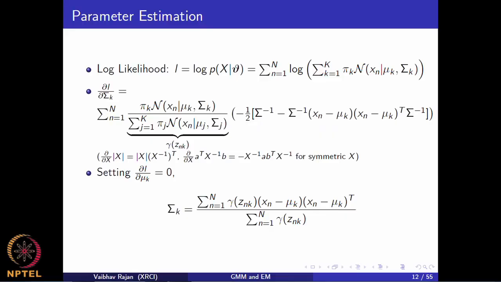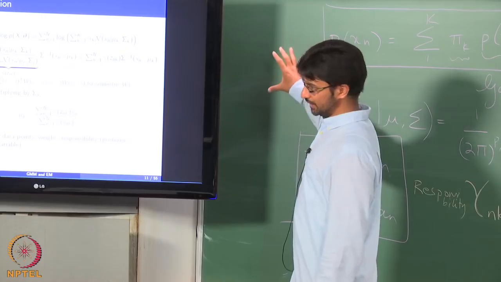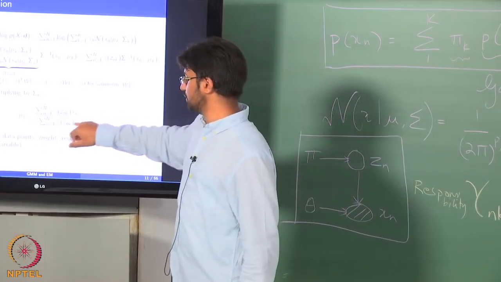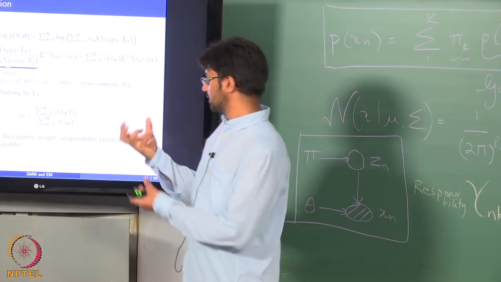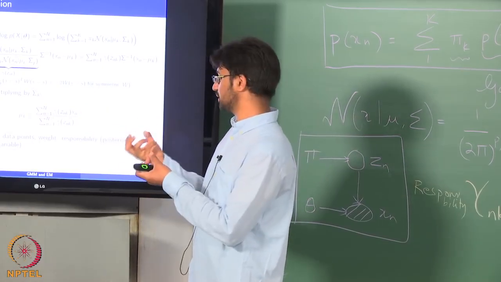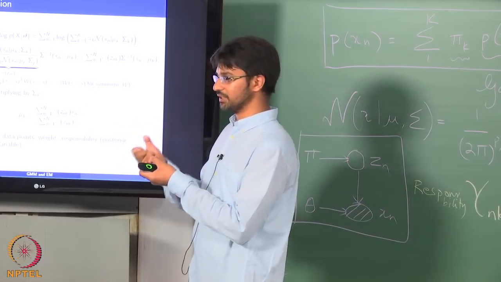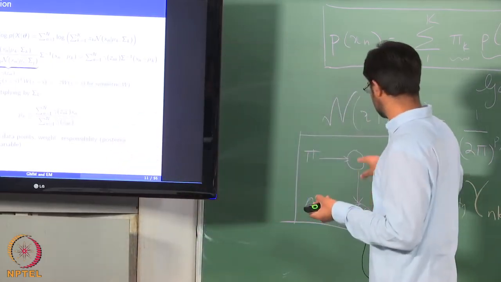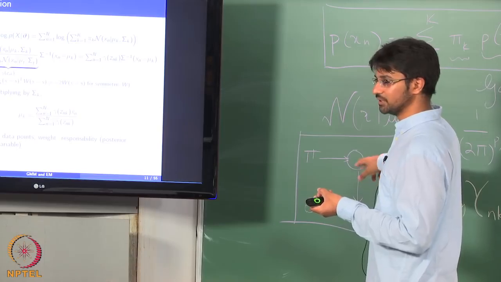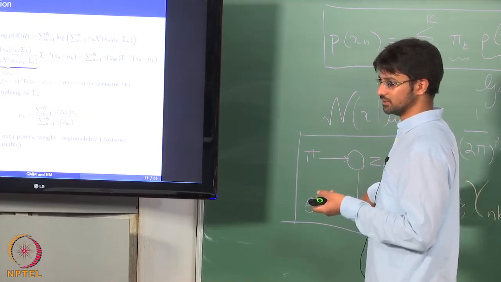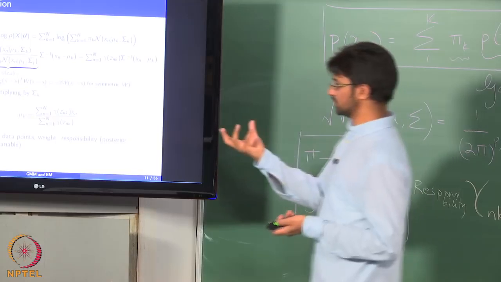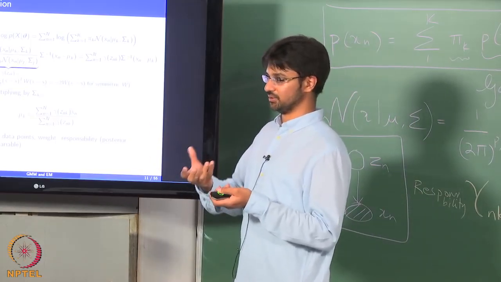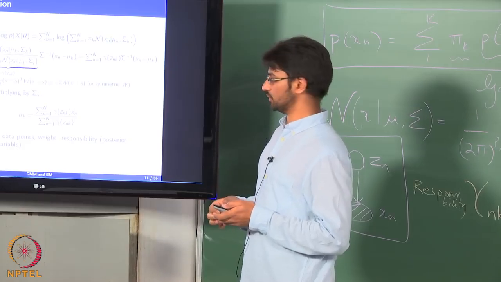you know the responsibilities. The kth cluster is given by the weighted mean of all the data points, where the weight is nothing but the responsibility of that cluster towards this data point. Responsibility is the posterior probability of the latent variable given that you have this data. So essentially it's trying to capture which of the components generated that data point.